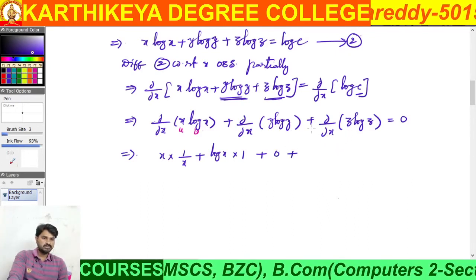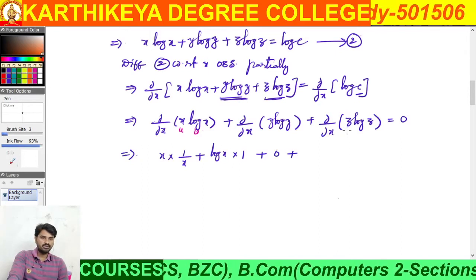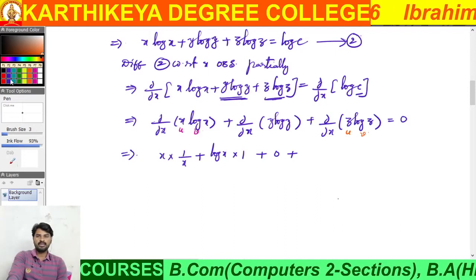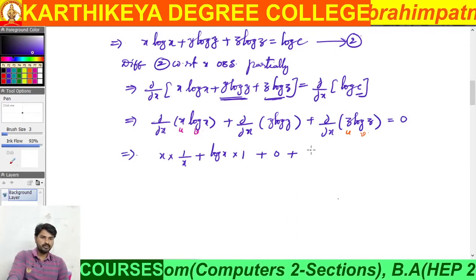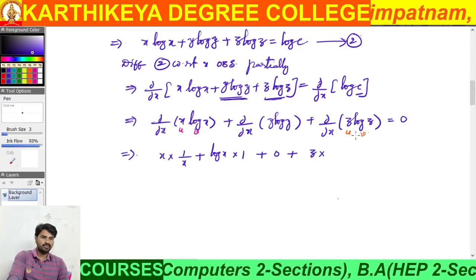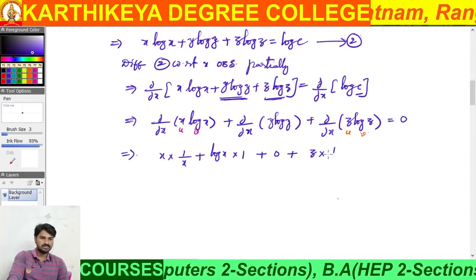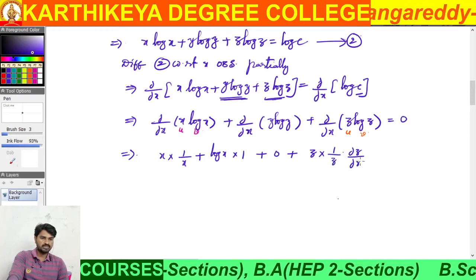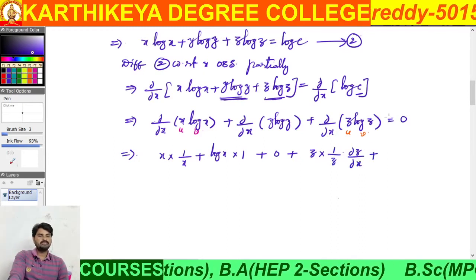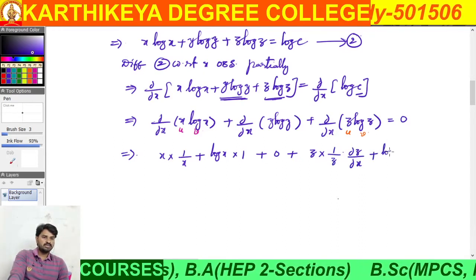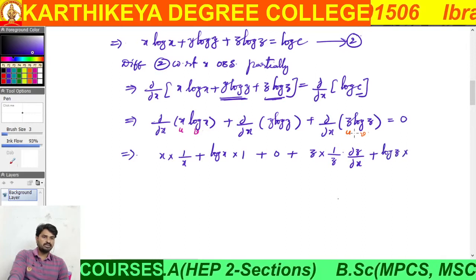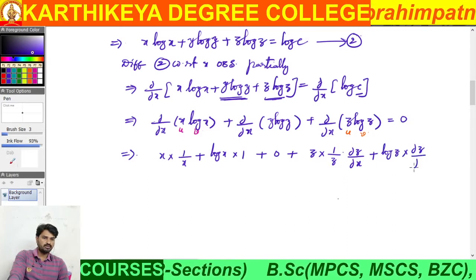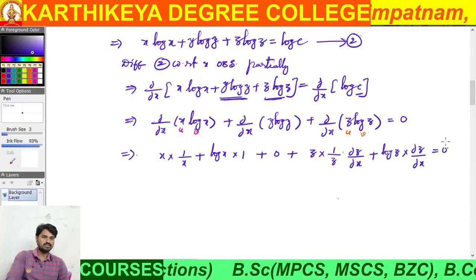Here this will be turned into the u into v formula. Now if you apply the u into v derivative, u into the derivative of v, that means the derivative of log z is 1 by z. Again you have to differentiate z with respect to x, plus log z, that is v into the derivative of u, that is ∂z/∂x, is equal to 0.